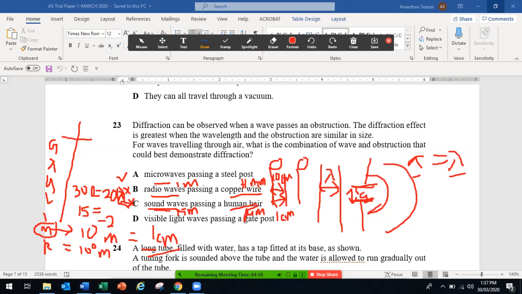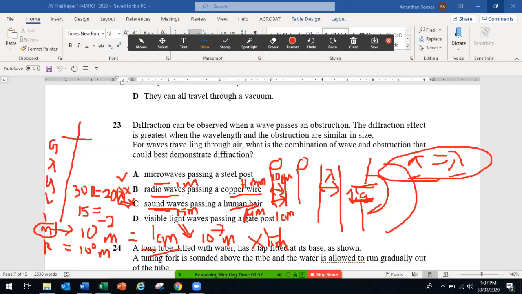D, visible light with the gate post. Visible light is 10 to the power of -7 meter wavelength. But the gate post is how much? Maybe gate post, 1 meter. So this also is not a good match to A and lambda.